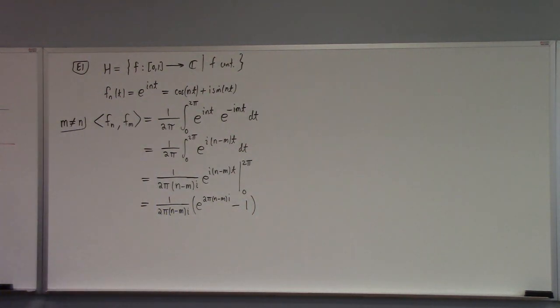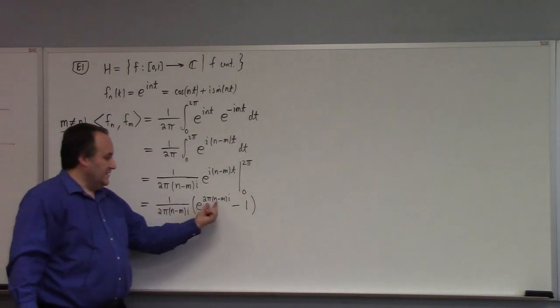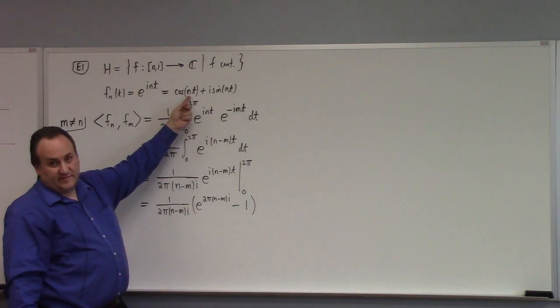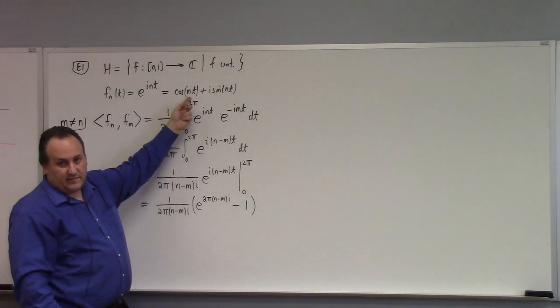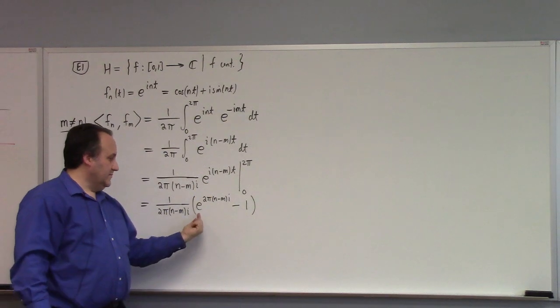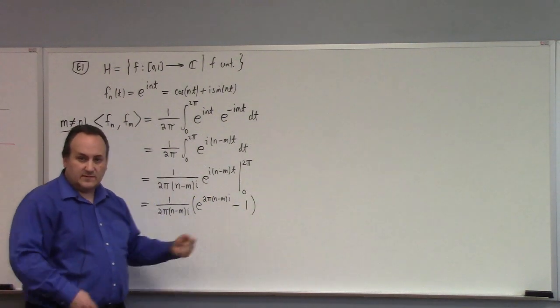But what is e to the 2 pi times any integer, any even integer multiple of pi? When you feed it to sine and cosine, if you plug in a 2 pi multiple, the cosine is 1 and the sine is 0. So we get 1 minus 1, which is 0.